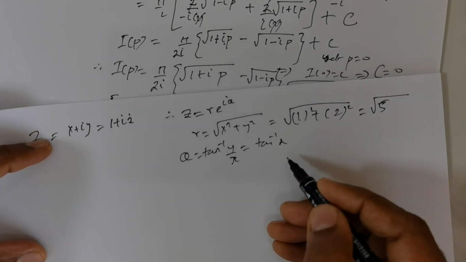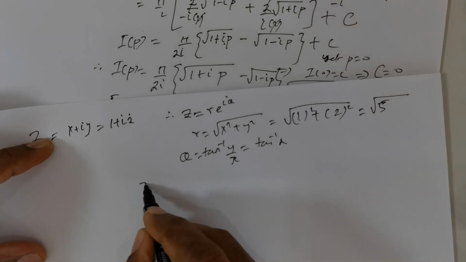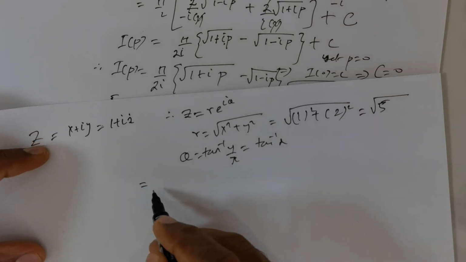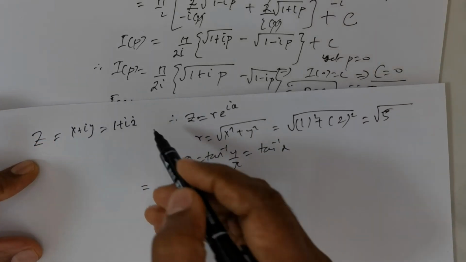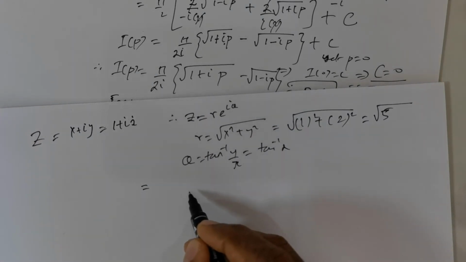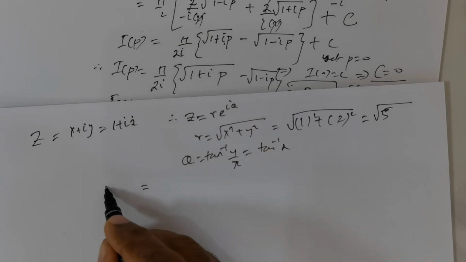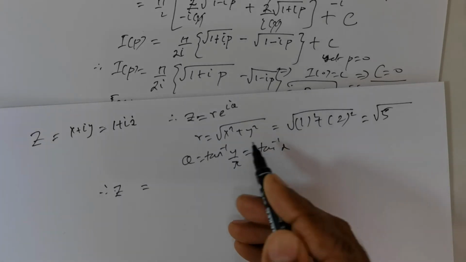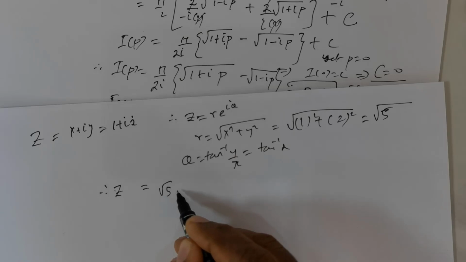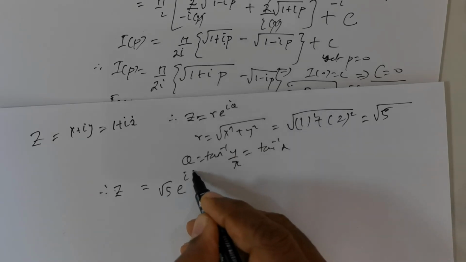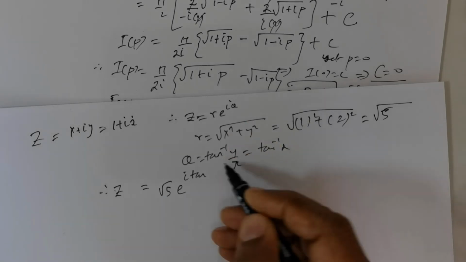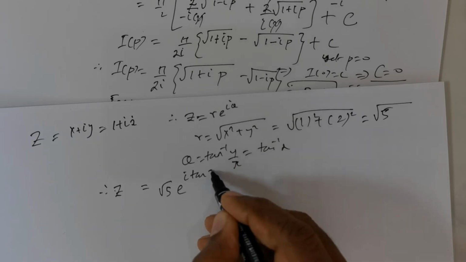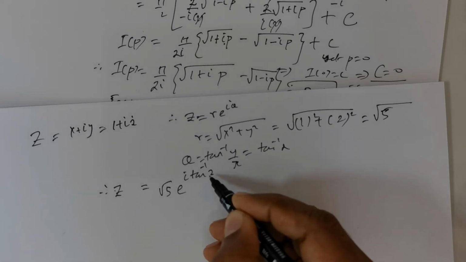Now this is what we have got. So we are interested in root of this value, right? So let me just represent this. Therefore z is equal to, where is my r? Root of 5 times e raised to the power of I, my theta, tan inverse of 2. So this is what we have got.